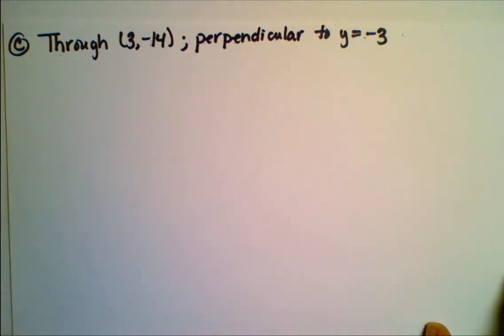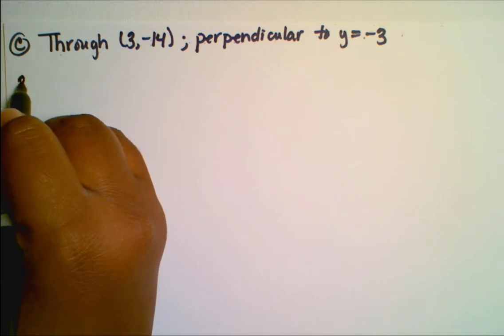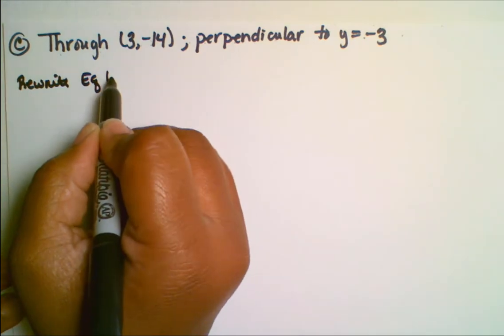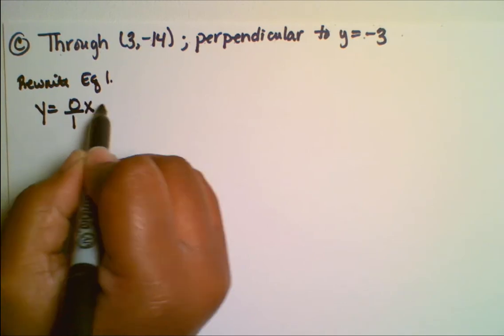We're writing an equation of the line through (3, -14), perpendicular to y = -3. Okay, perpendicular. So we can rewrite equation 1 as y = 0/1 x - 3.